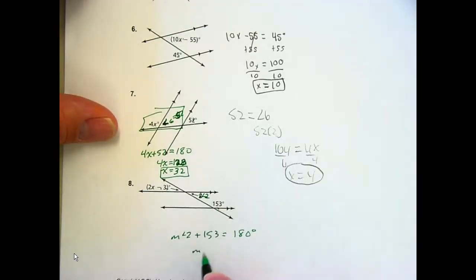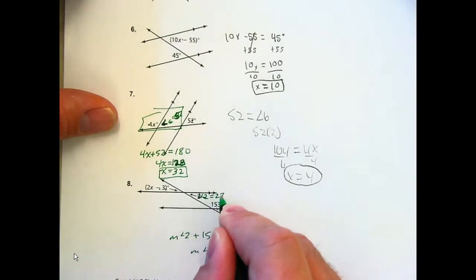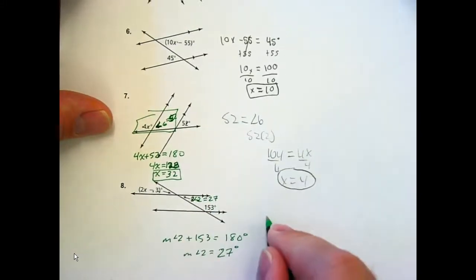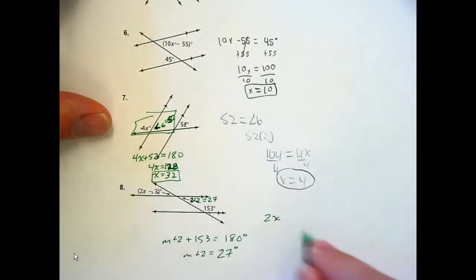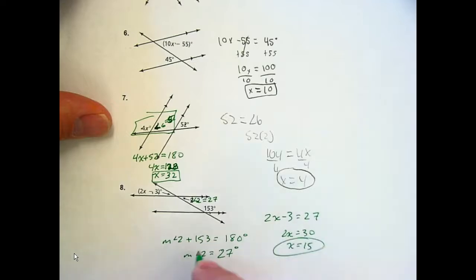Subtract the 153, measure of angle 2 is 27. Okay? If this is 27, that means 2x minus 3 is 27. Those are vertical. So 2x equals 30, x is 15.